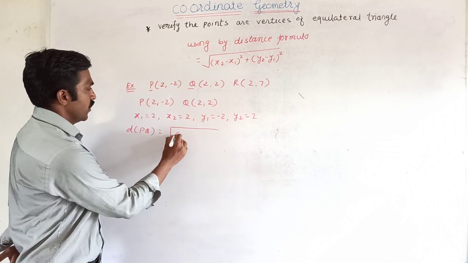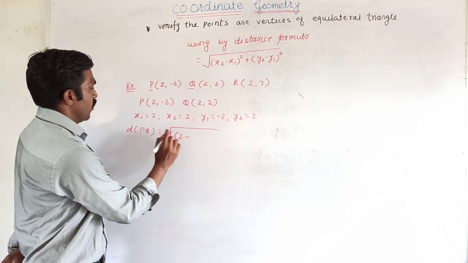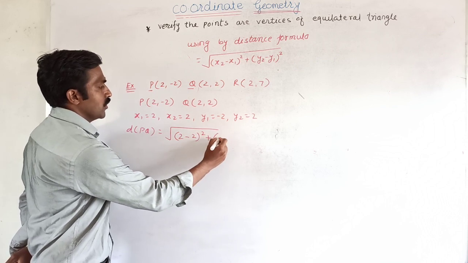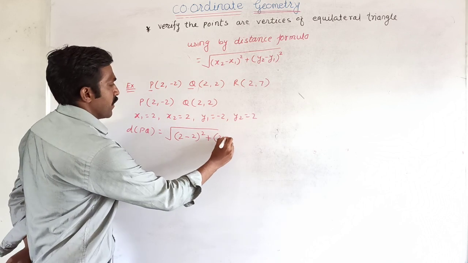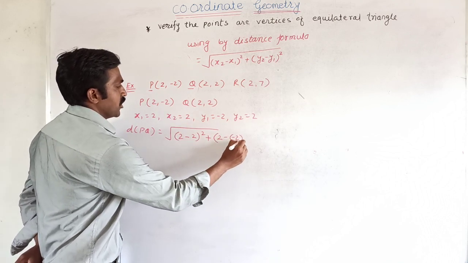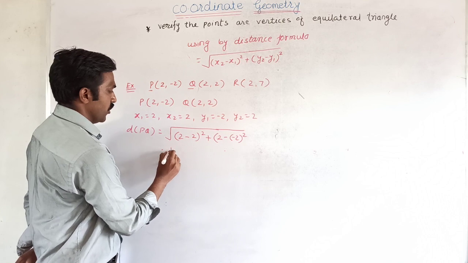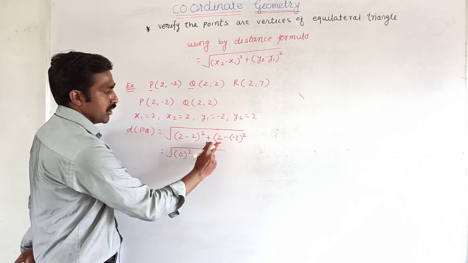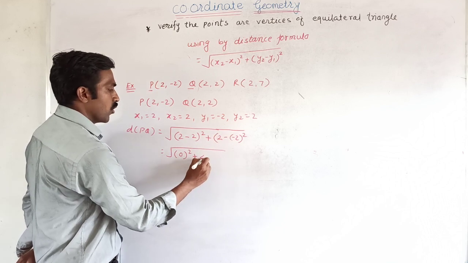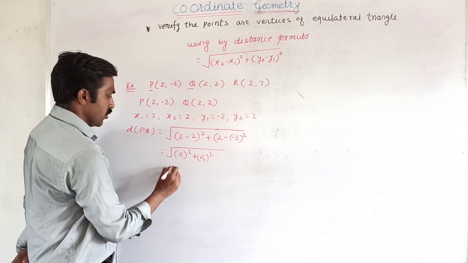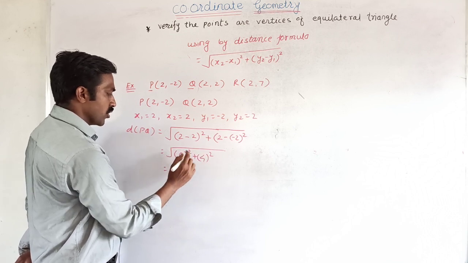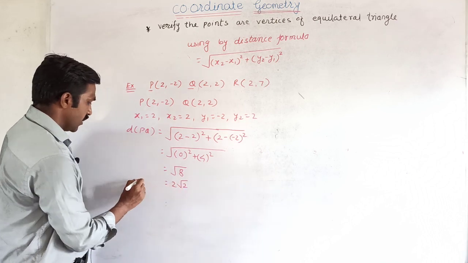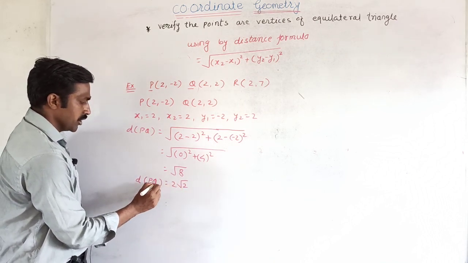So square root of (2 minus 2) whole square plus (2 minus (-2)) whole square is equal to square root of 0 square plus 4 square, that is 8. You can write in this way 2 root 2. The distance of PQ is equal to 2 root 2.